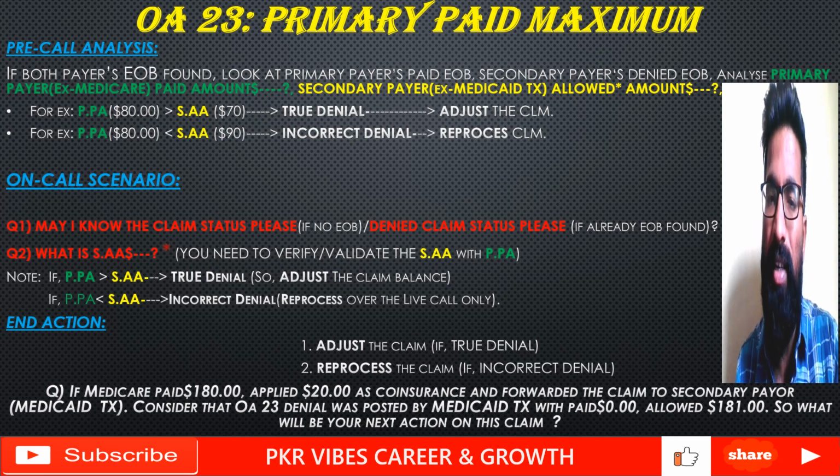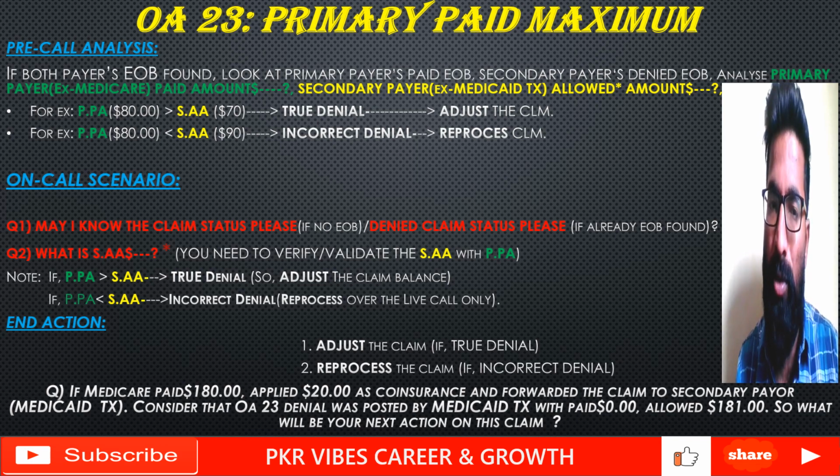Paid is 0, they allowed $70, and the primary paid $80. So here our denial is primary paid more than secondary allowed. We have to validate here: the primary paid amount is $80, the secondary allowed amount is $70. It is true, right? Primary paid more than secondary allowed amount. $80 is more than $70, right? So it is a true denial.